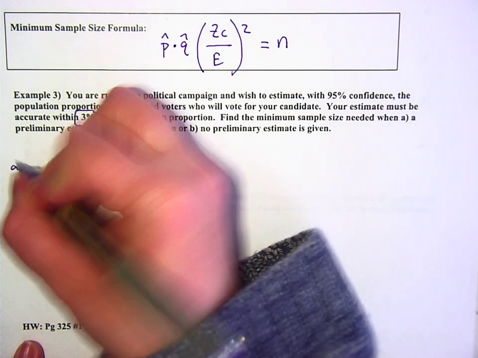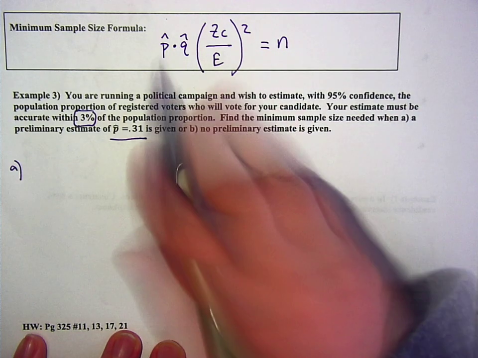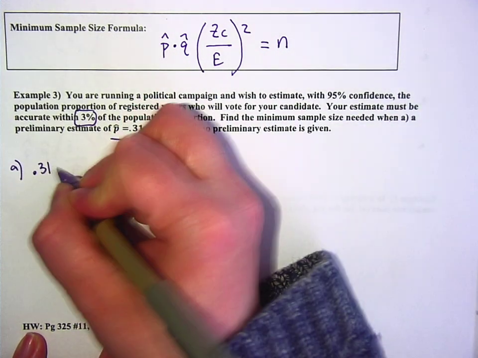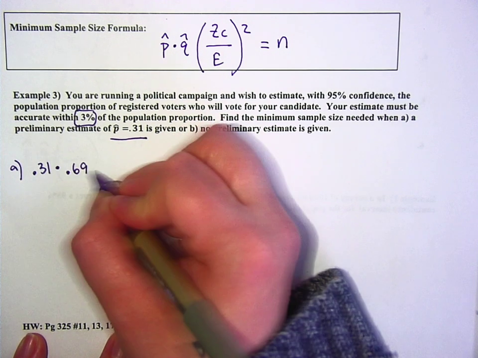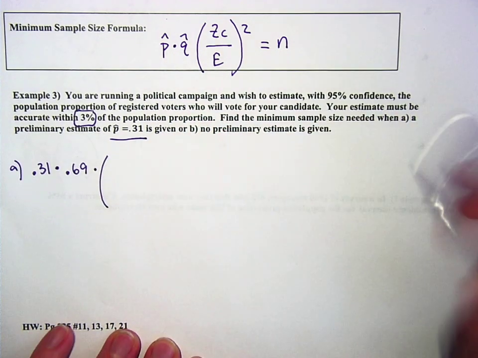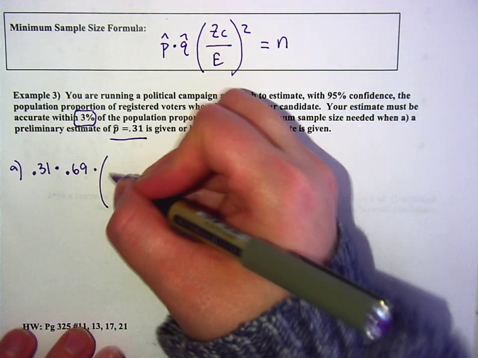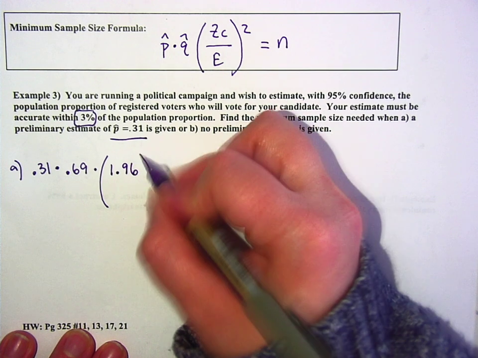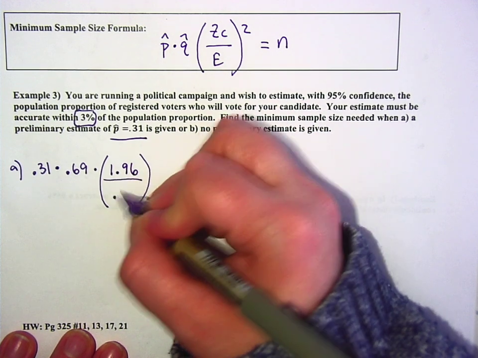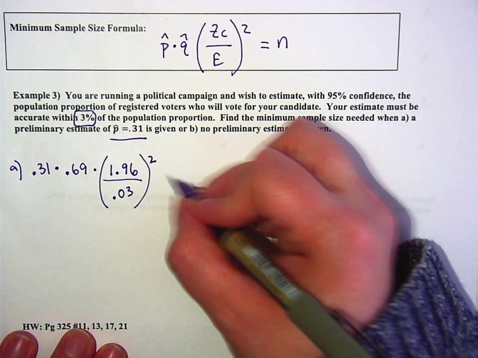So for A, we're going to say that p hat was 0.31. So that would be 0.31 times, what's the opposite? 0.69, times z sub c, which is 95%, which is what, 1.96? We used that one earlier. Over 0.03, we said we were going to be 3% off, right? Squared.